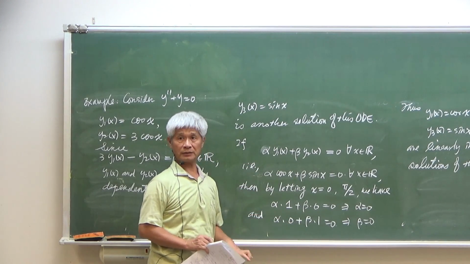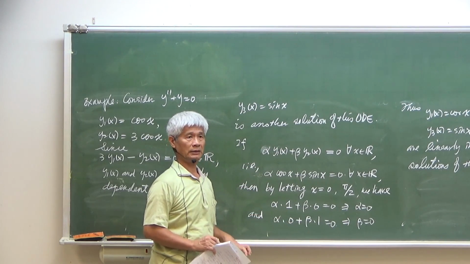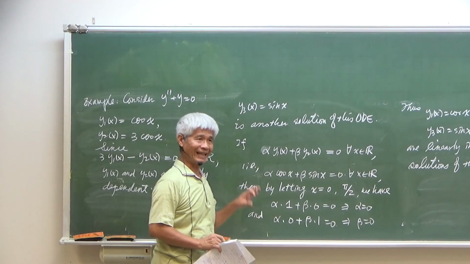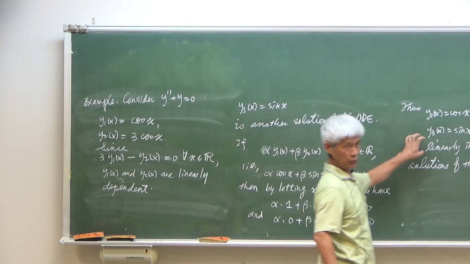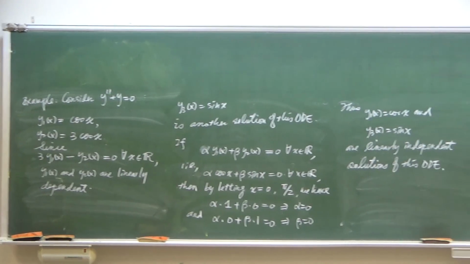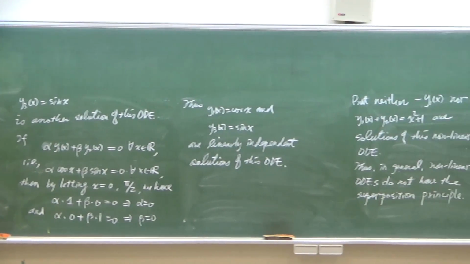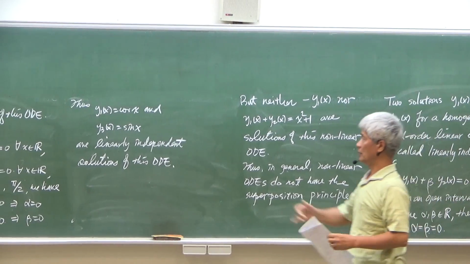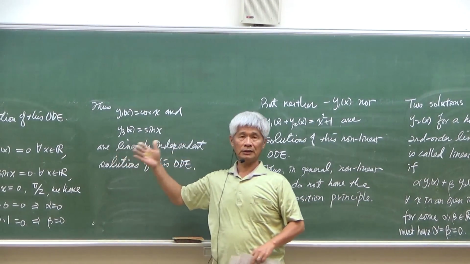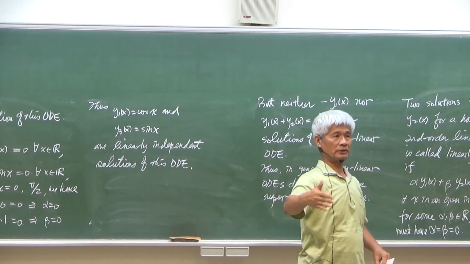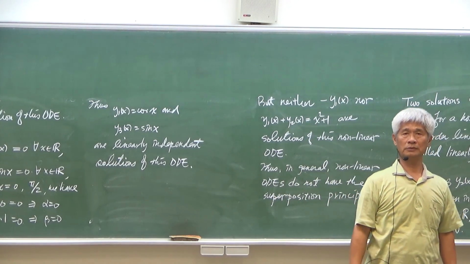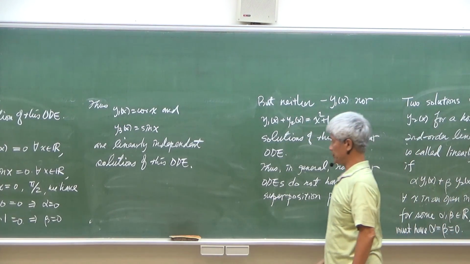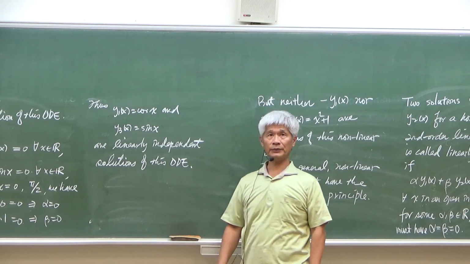We have to prove that. Once done, you are sure that these two solutions are linearly independent. These are standard procedures to do the proof. Any questions?